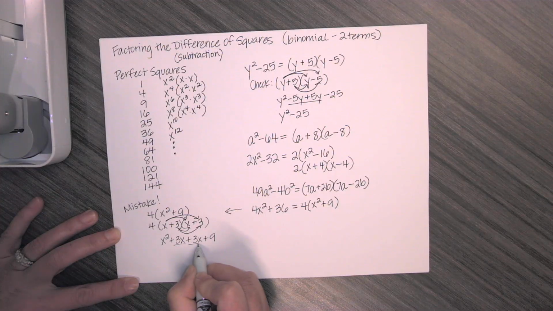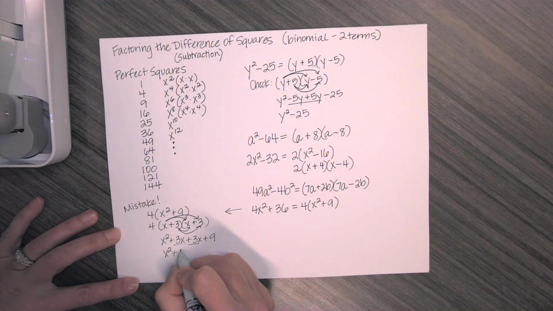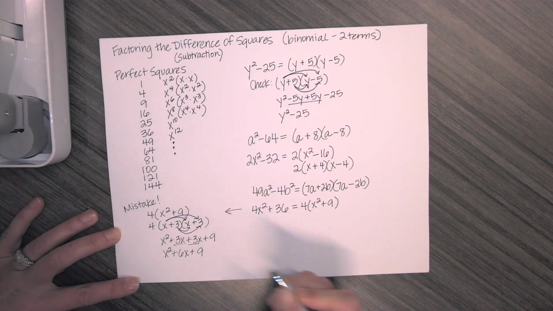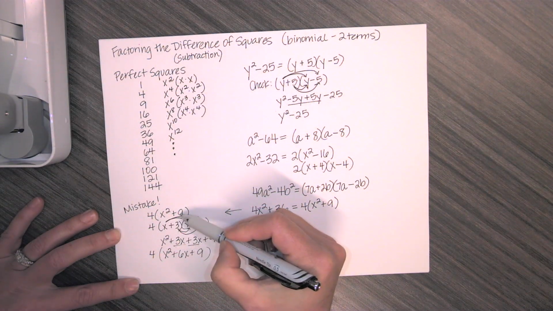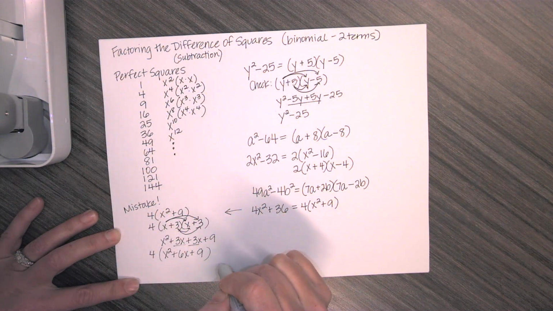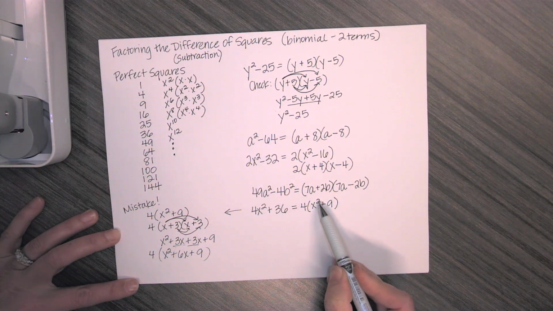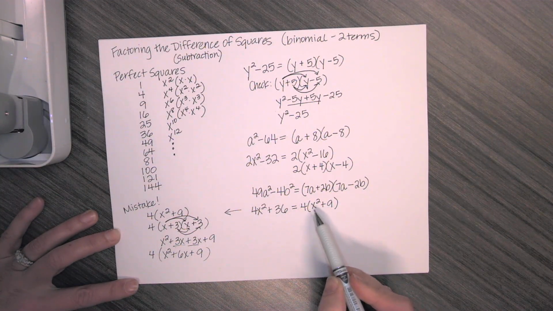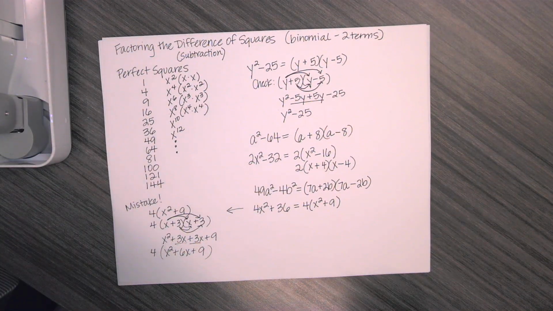You see here that my middle terms do not cancel out. They do not zero out. I would end up with this times 4. And so that's not going to give us what we started with. So this is going to be incorrect. Okay, so you cannot factor the sum of two squares. You can only factor the difference of two squares.